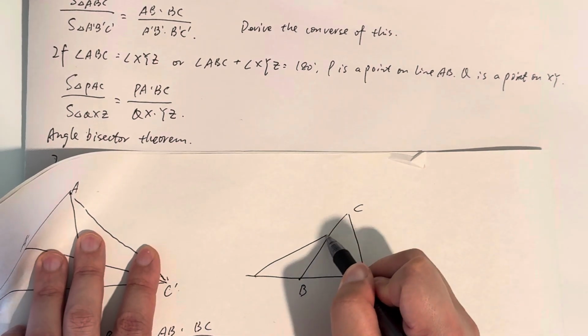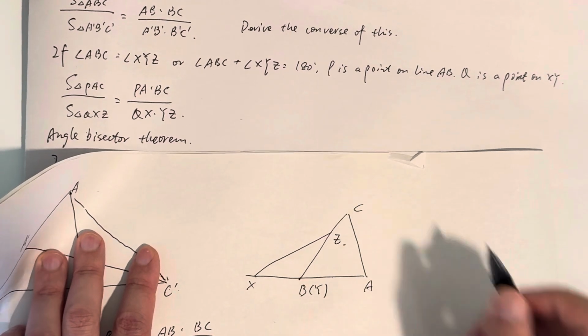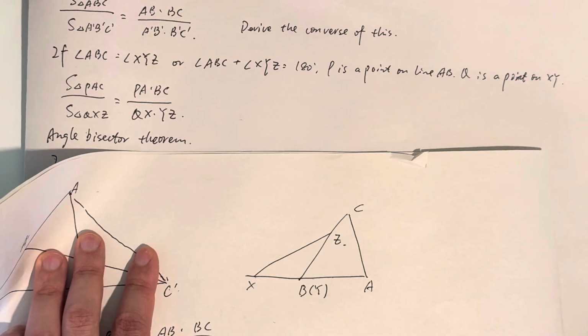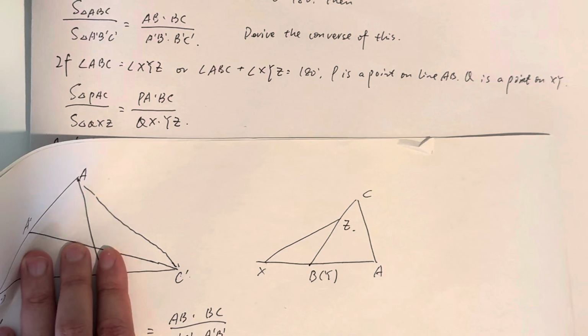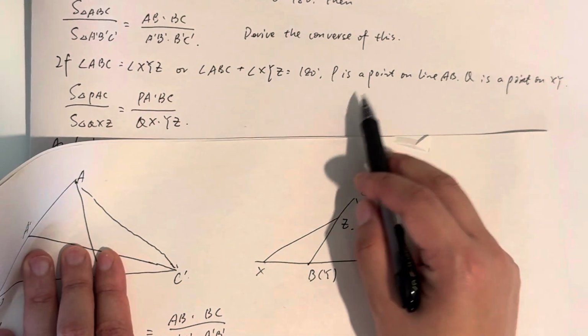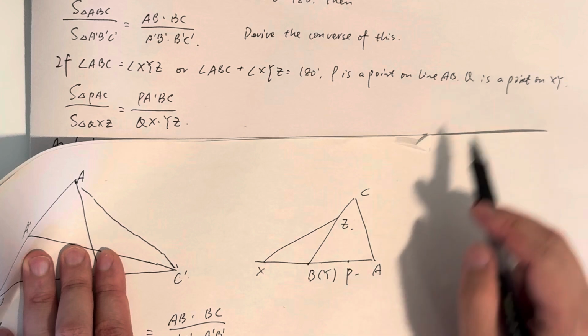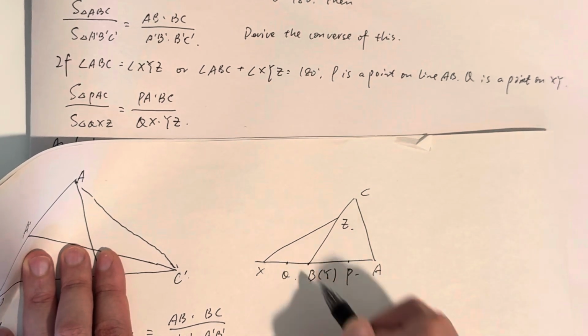ABC is here, XYZ is here, right? So angle ABC is the supplementary angle to angle XYZ, and P is a point on line AB. So here is P, and Q is a point on line XY.